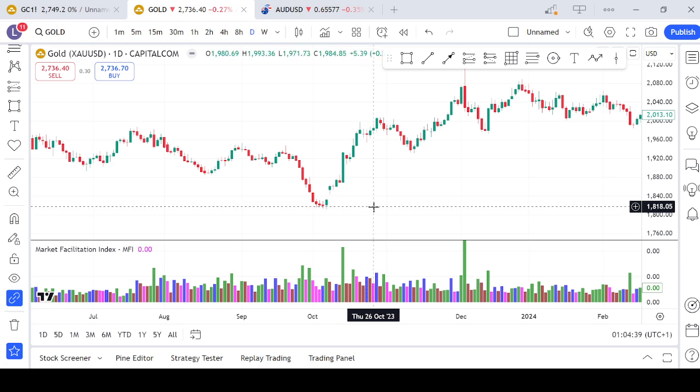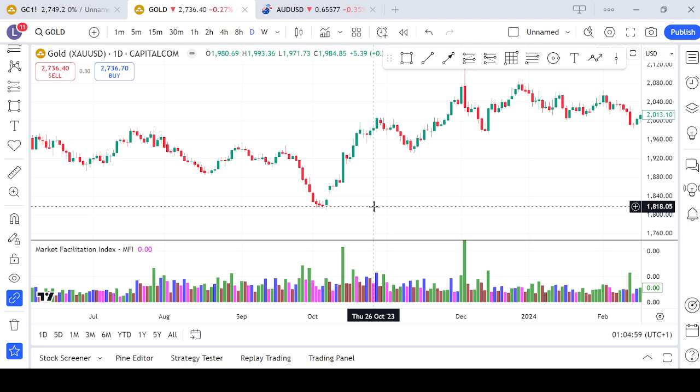So the MFI compares two main components: price range and volume. Price range is the difference between the highest and lowest prices within a specific time frame, and volume is the total amount of trading activity, or the number of contracts traded, during that same time frame.